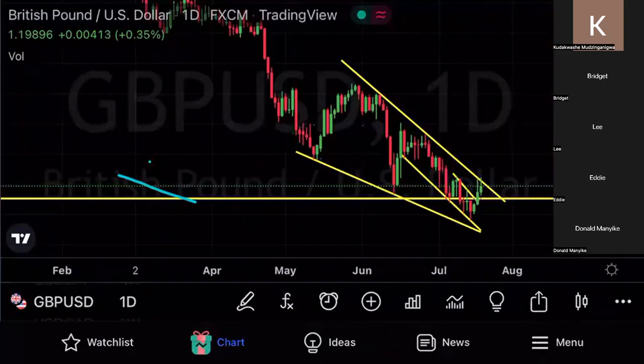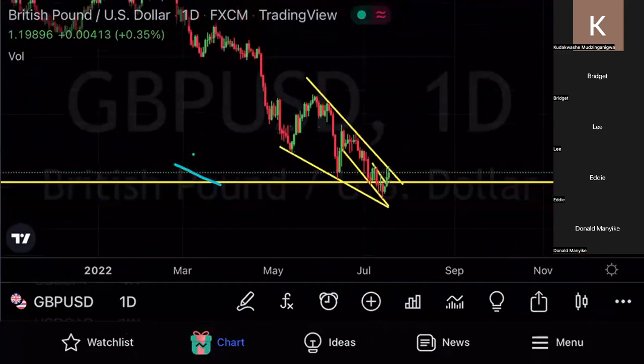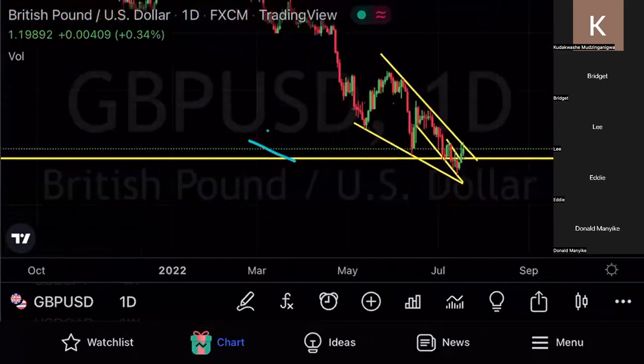Okay, so let's continue. So I was saying that when trading these patterns, we are not taking these patterns in random areas. No, we are taking these patterns in what I call the psychological zones.